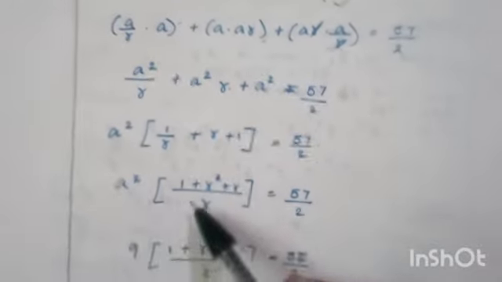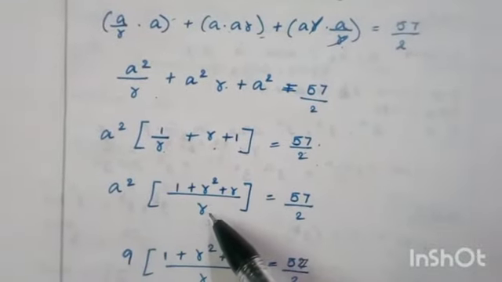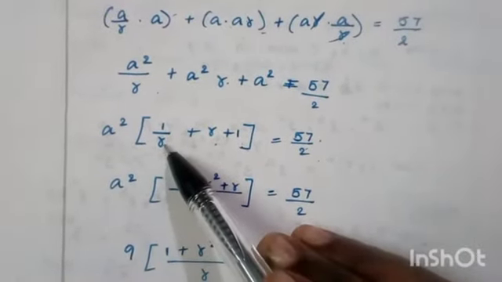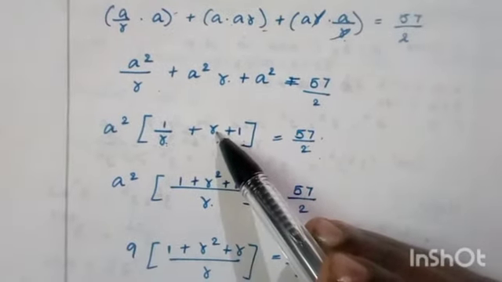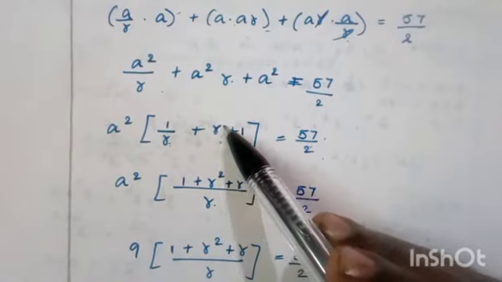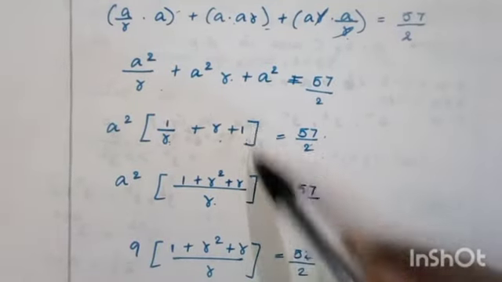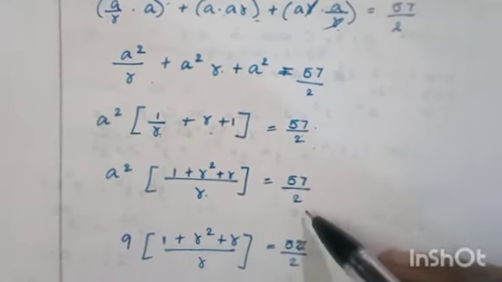Now a square into, you have to take the LCM, r is common. Already r is in the denominator, so 1 plus r square plus r by r equals 57 by 2.